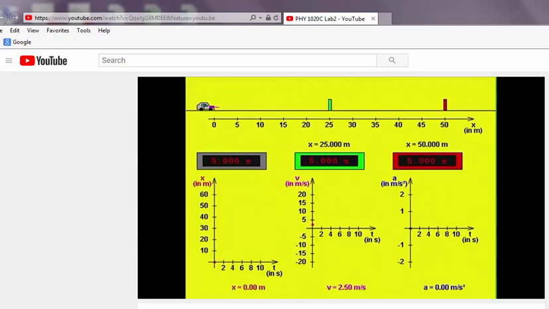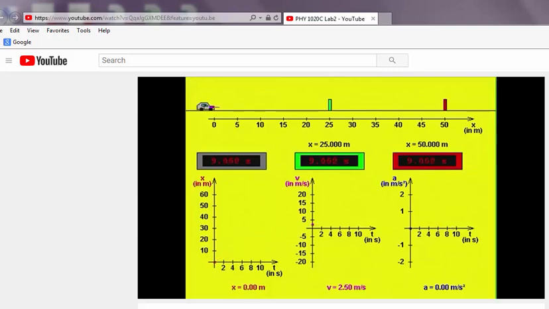Let's reset it. Start the third trial. There you go. You got the x and t values for the third trial. Let's reset it. Start the fourth trial. There you go. Measure the x and t values for the fourth trial.